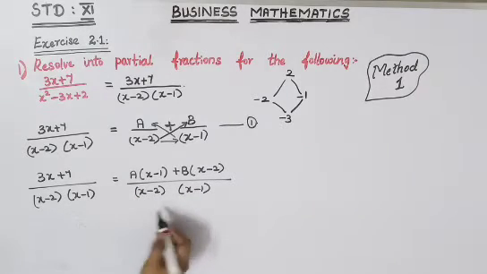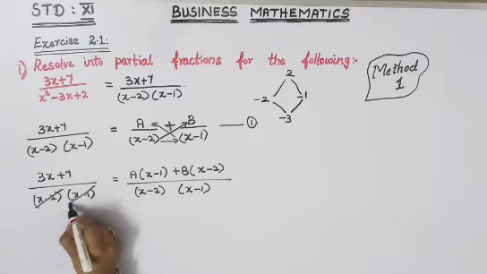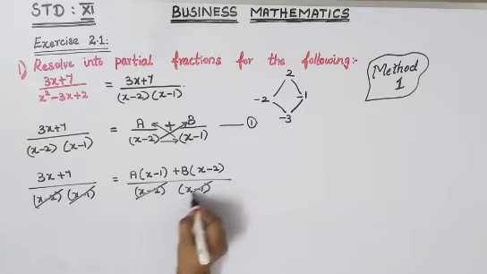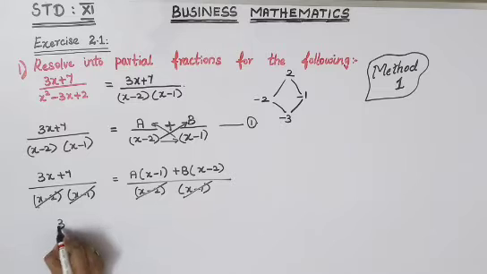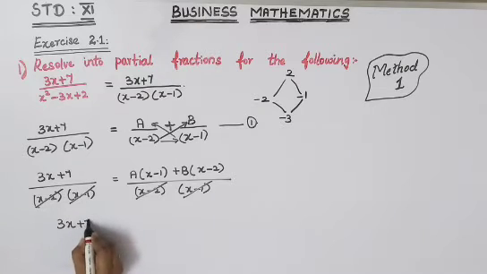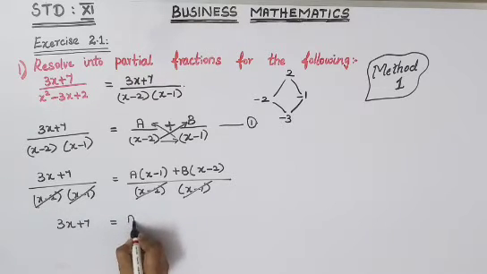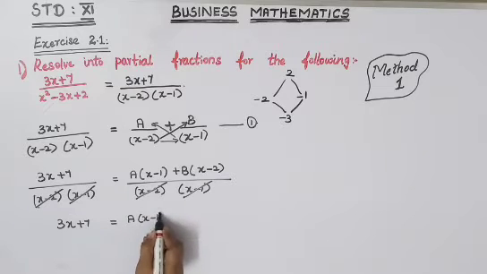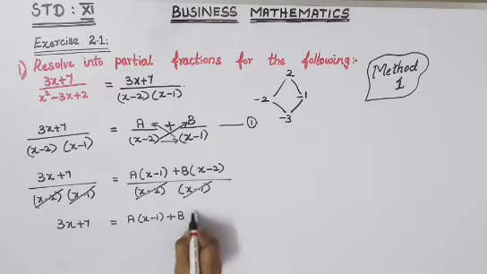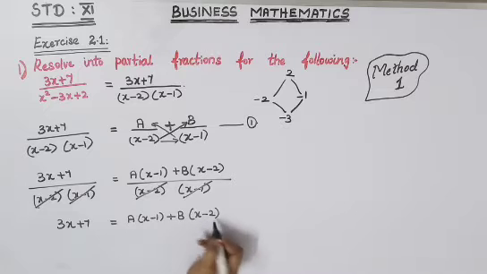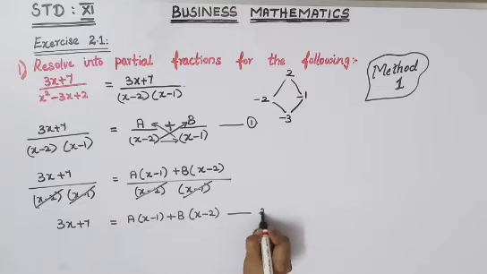Now both denominators are the same, so you can cancel them. The left out will be 3x + 7 equals A into (x − 1) plus B into (x − 2). We'll mark this as equation 2.